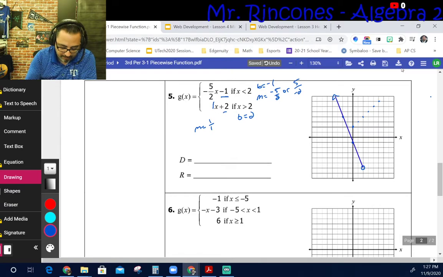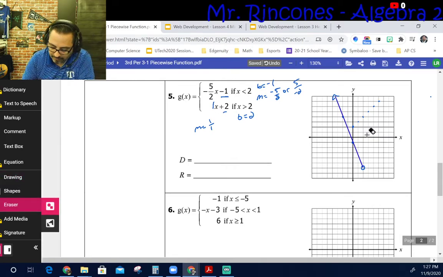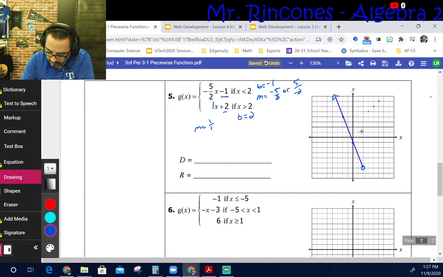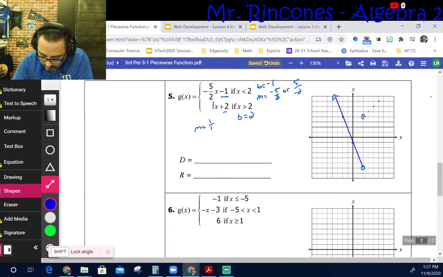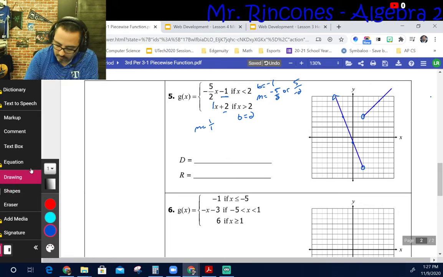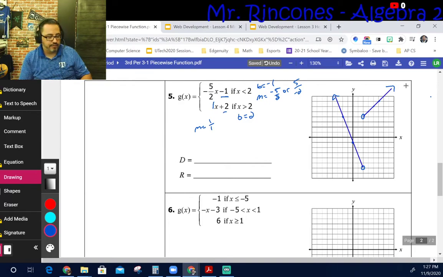I marked several of them because I'm going to end up erasing some, because remember, this doesn't exist at x equals 2. So at x equals 2, this is going to be a circle as well. So let's go ahead and draw this line. We go through that. Perfect. All right, cool. So that's our graph for this function.